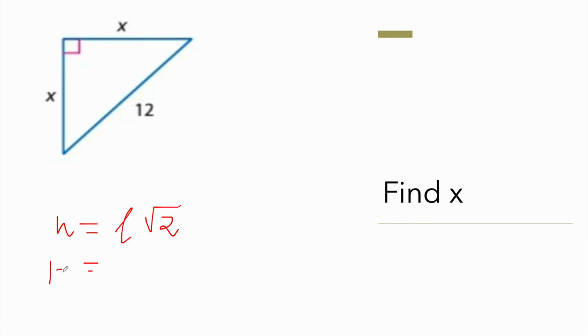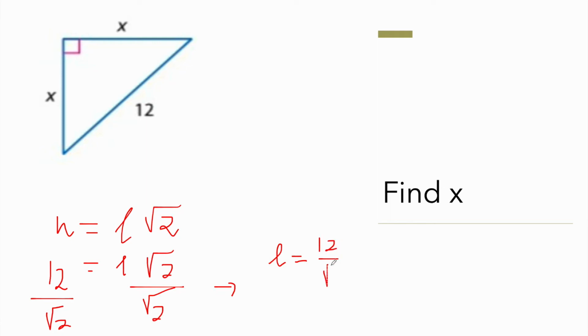So we put 12 equals length root 2. We divide by root 2 on both sides. So the length will be equal to 12 divided by root 2.